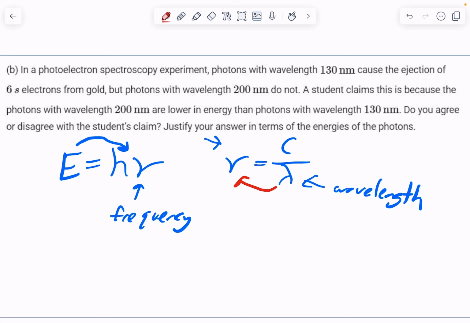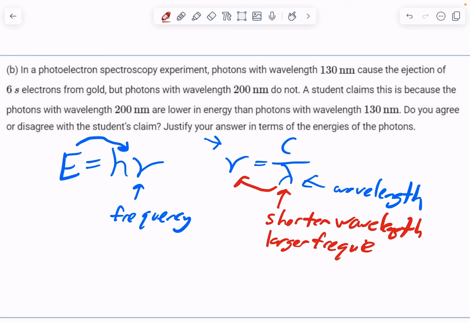So the shorter the wavelength, the larger the frequency. Which means if we're increasing the frequency, we're increasing the energy because those are directly related.